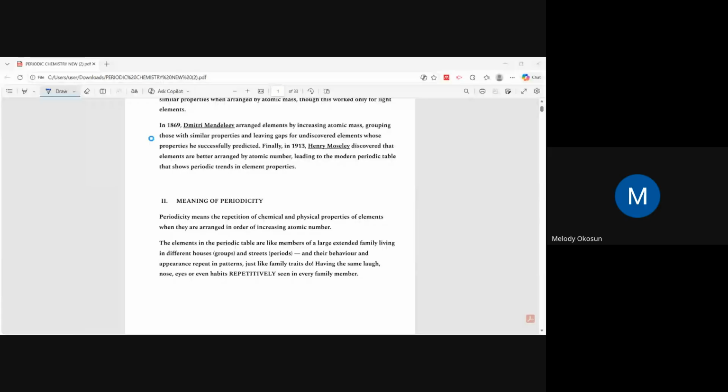Yes, ma. So the bond that actually exists in that molecule isn't ionic, but it's covalent. And I'm going to explain it now. Let me share the other screen.